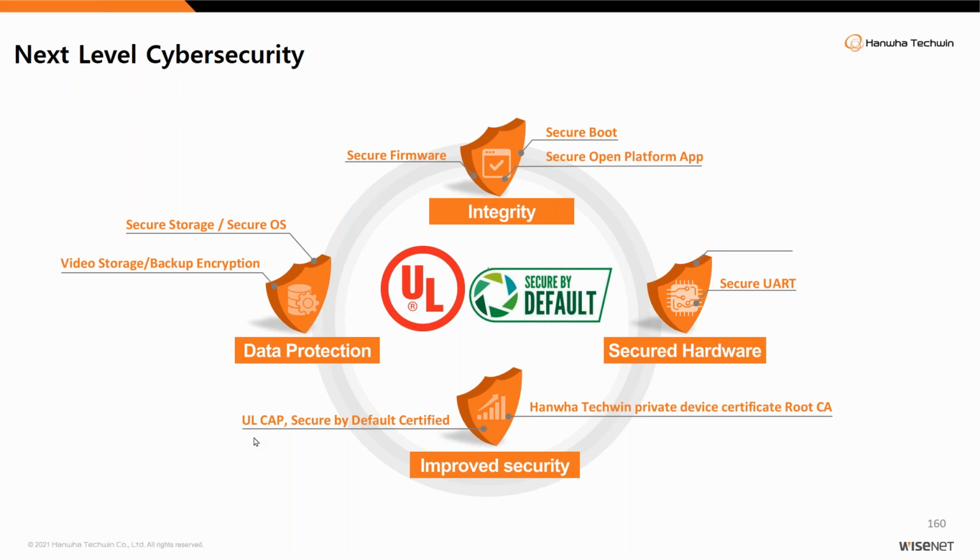Then there is another, FIPS certification. Then another common one is secure by default. Okay, secure by default is a certification from Europe, for the vendors to make sure all the camera devices are secured, all in the most secure settings, locking all the doors and ports and so on.